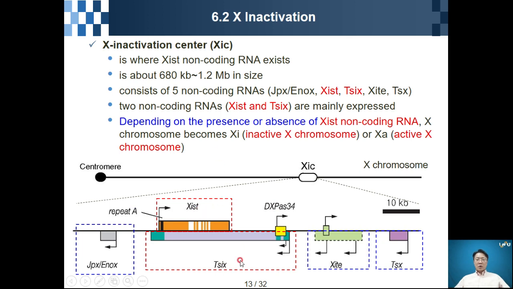Depending on the presence or absence of the Xist non-coding RNA, the X chromosome becomes Xi, the inactive X chromosome, or Xa, the active X chromosome.